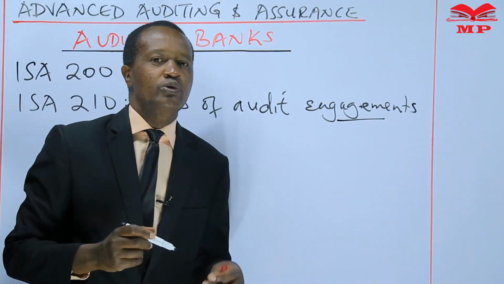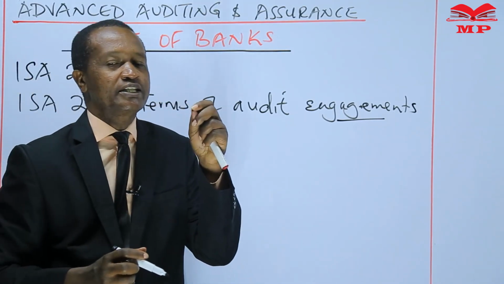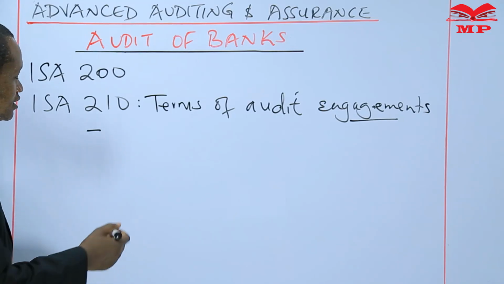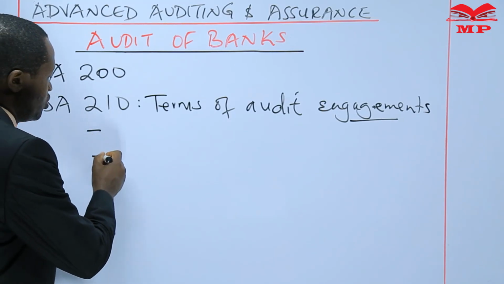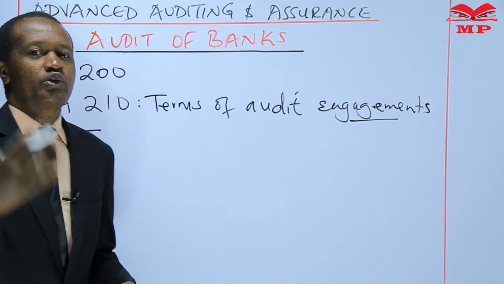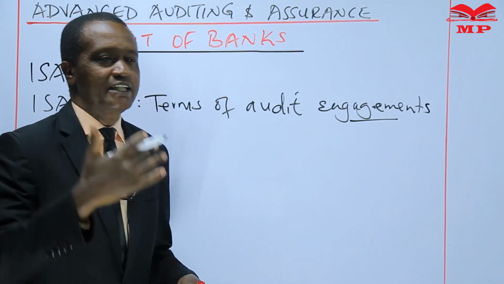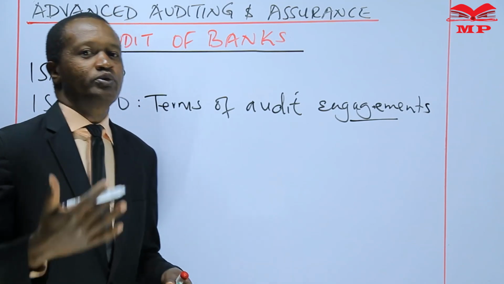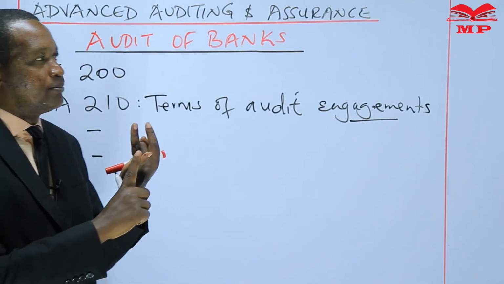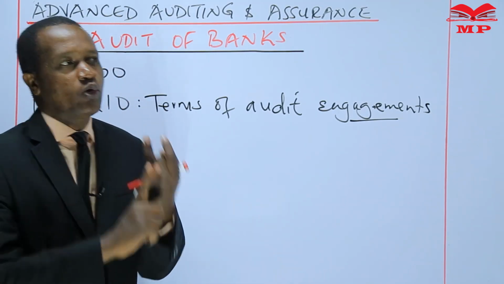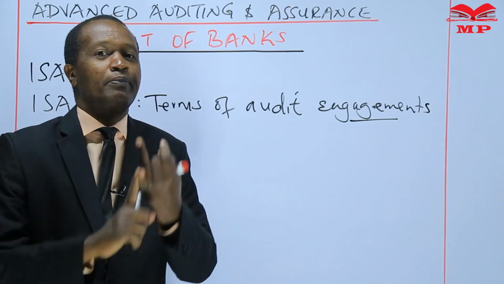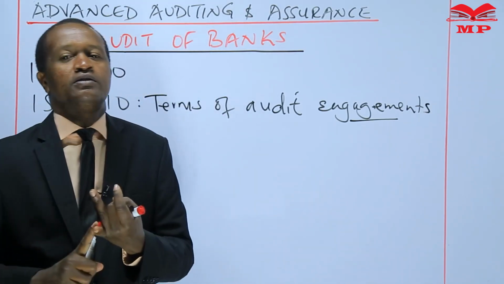And in doing so, the auditor considers certain factors, such as, one, the use and source of specialized accounting principles with particular reference to number one, any requirements contained in the law or regulations applicable to banks.